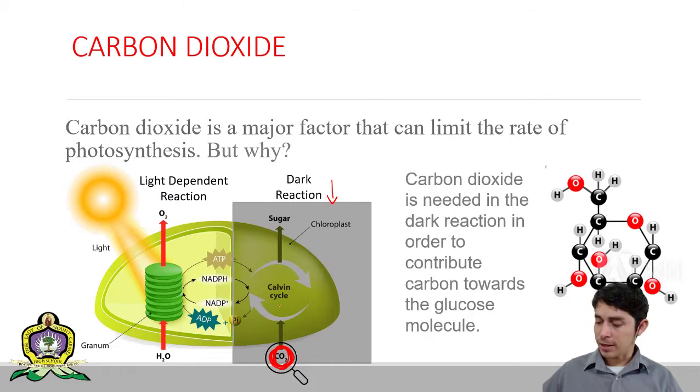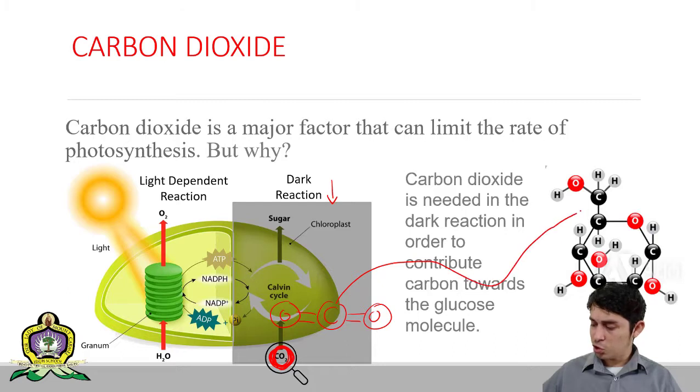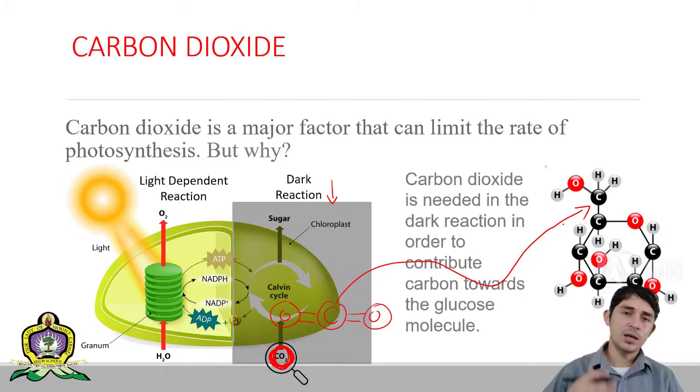So let us look at it. We have carbon dioxide, which looks something like this. Carbon is used in the construction of the glucose, and that is why carbon dioxide is fundamental, and it can be considered a limiting factor that limits the rate of photosynthesis.